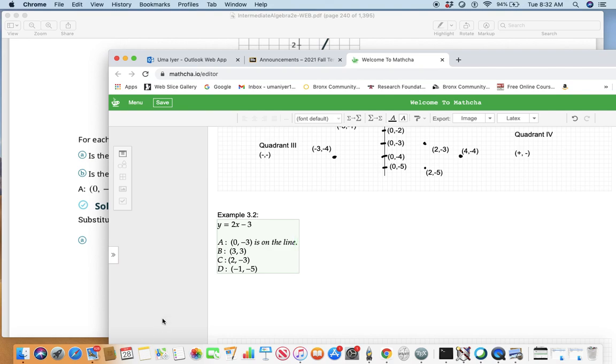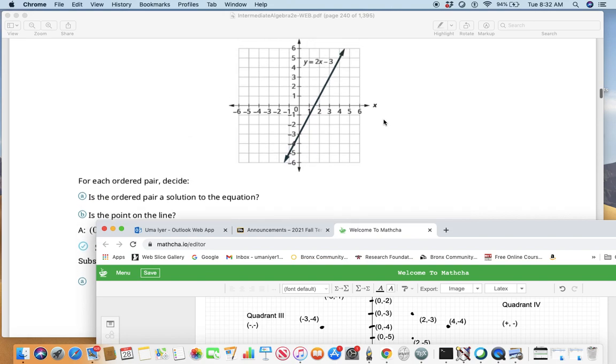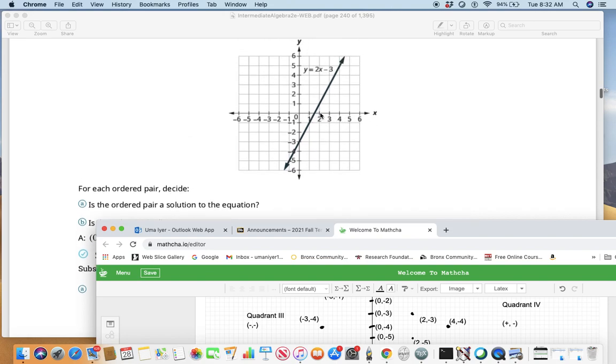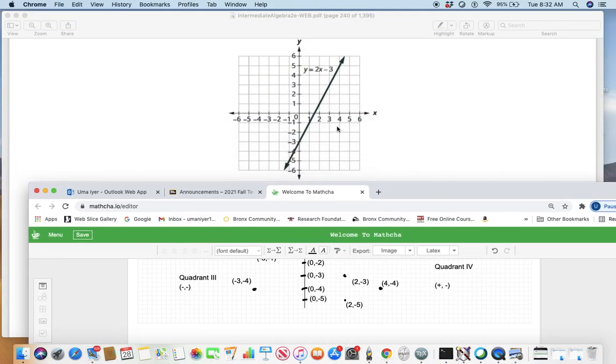Okay. What about B equals 3, 3? X is 3, y is 3. That point is on the line. What about C, 2, negative 3? X is 2, y is negative 3, so you go down.